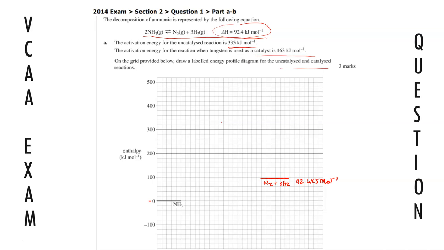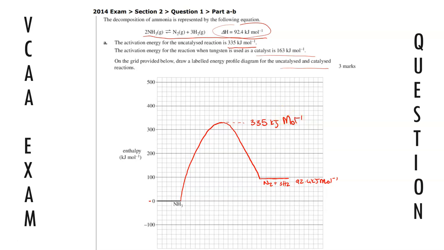So now I'm going to draw the curve so that it reaches that highest point and then comes back down to my lower point there. That's going to be my enthalpy level diagram there. Okay, so this will be the uncatalyzed. I'm going to label this as being 335 kilojoules per mole.